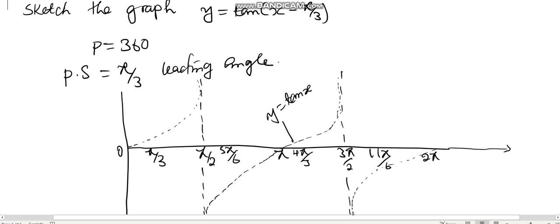So then now, since there's a shift happening here, the vertical asymptote will be pushed to this point here. This vertical asymptote will be pushed to this point here.